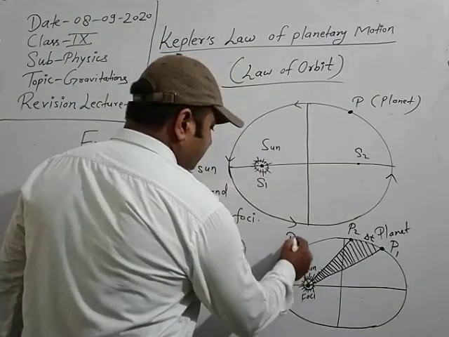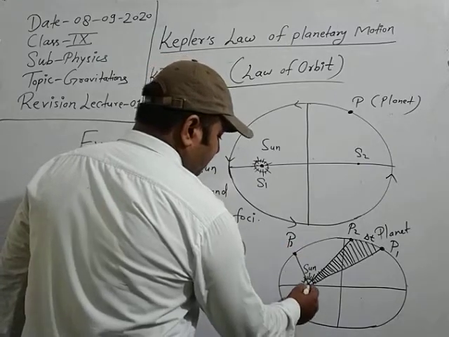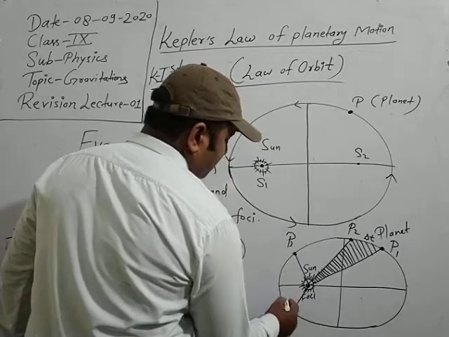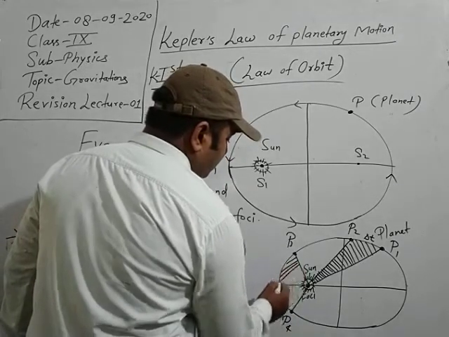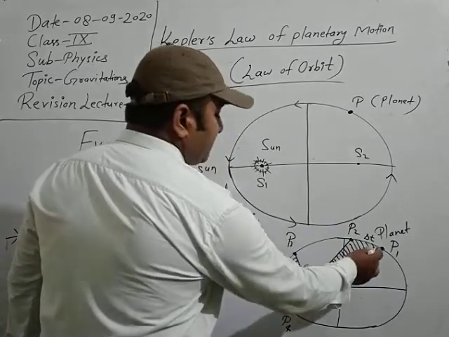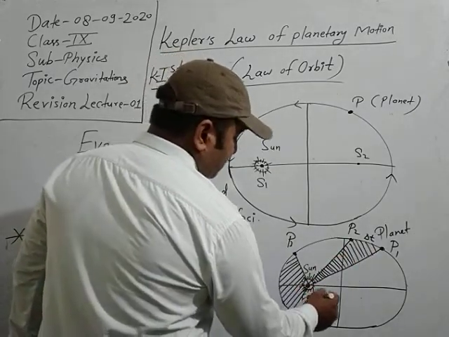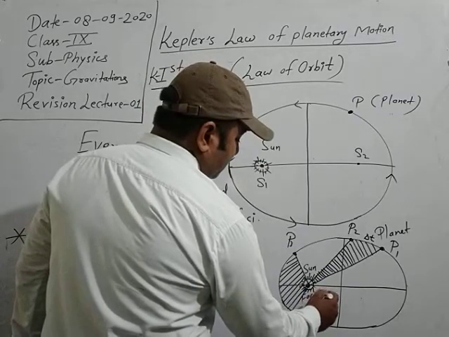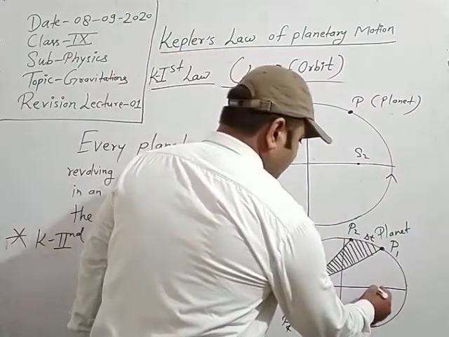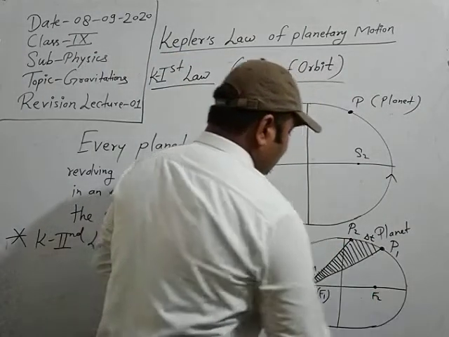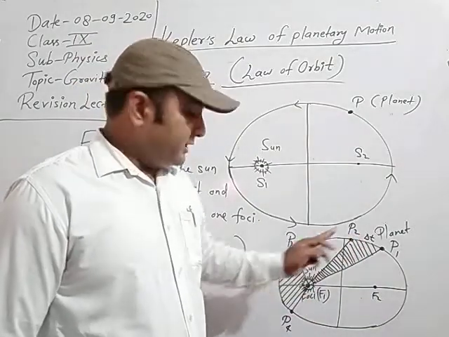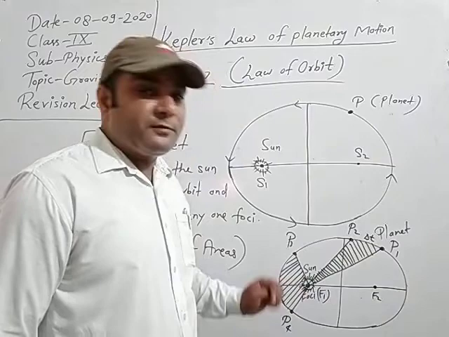This one is position P3, this one is position P4, then the area P1 F1 P2 is equal to P3 F1 P4. Clear?